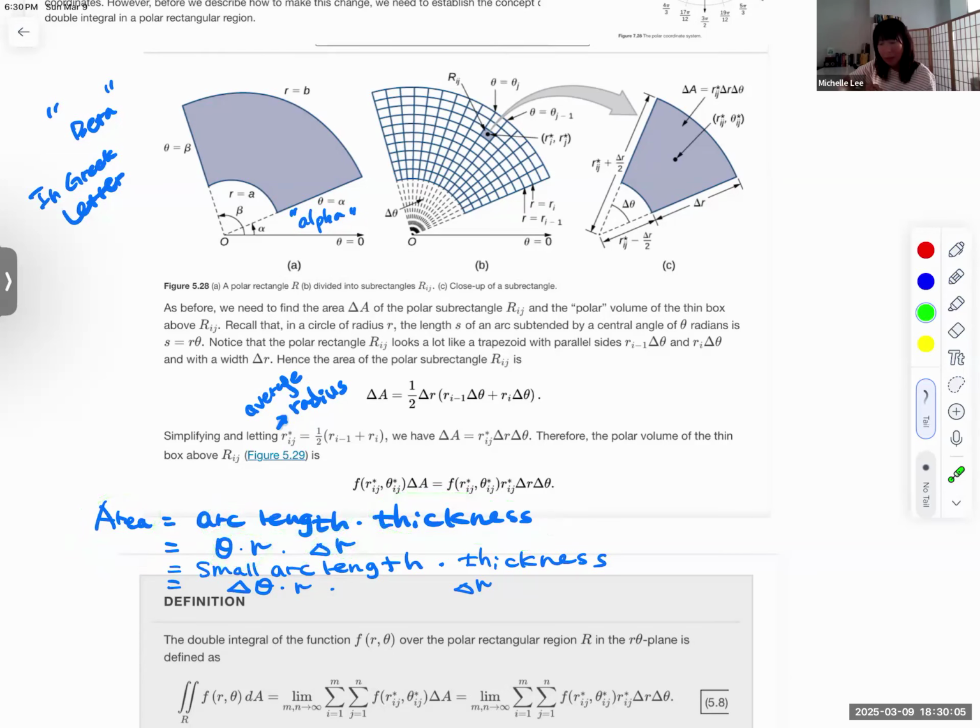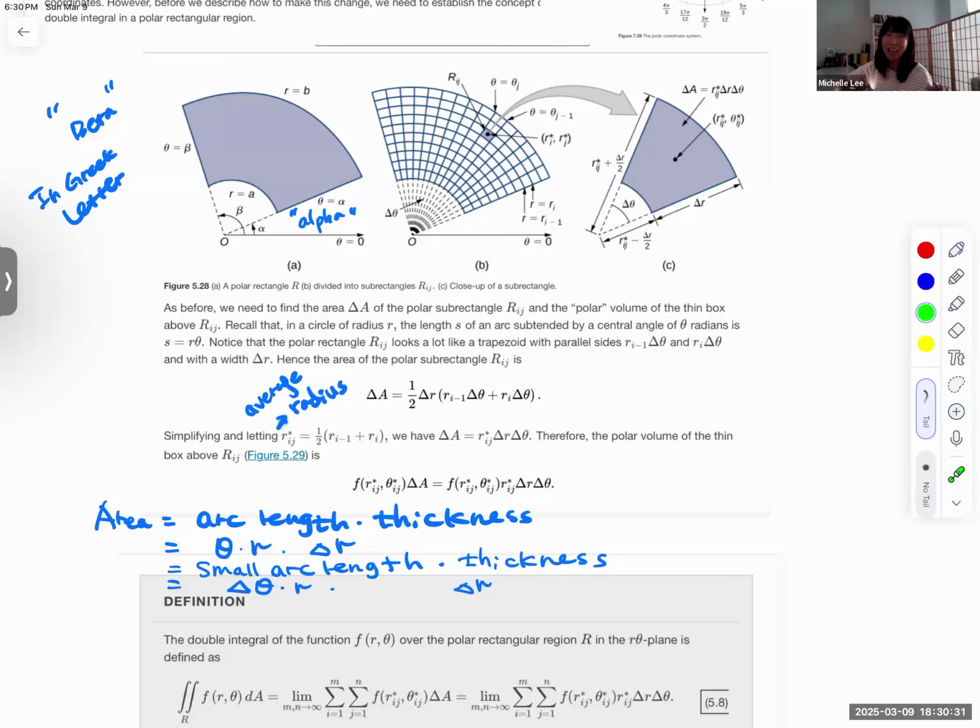Right? Okay, now we take out the small, tiny r length. So we want to express a small r length. Then how do we express it? That is a tiny change in theta, times r. And then thickness, we are using the same delta r.